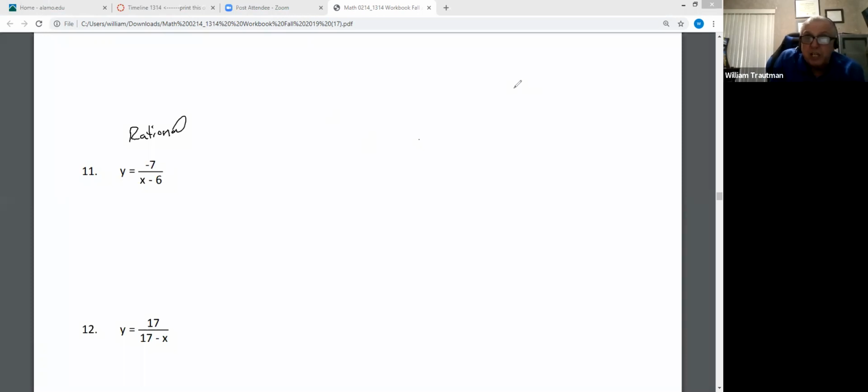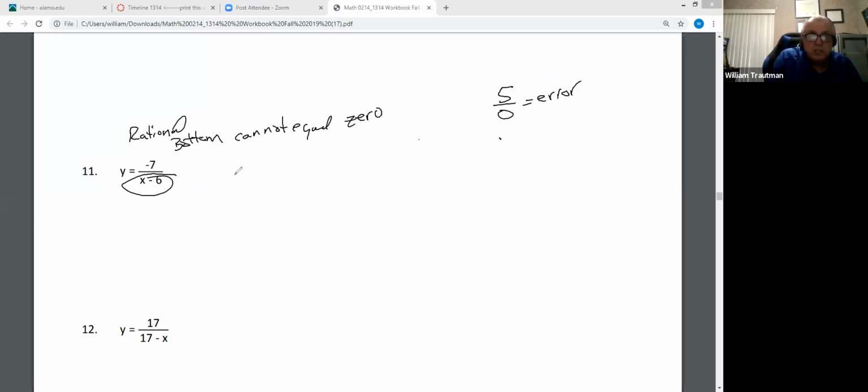Remember, on your calculator, 5 divided by 0 gives you an error. So the only thing you have to worry about for the domain of this function is the bottom cannot equal 0. So for rational functions, you take the bottom and say it cannot equal 0.